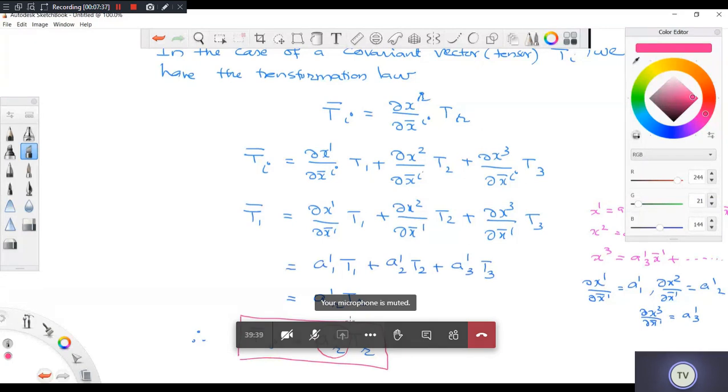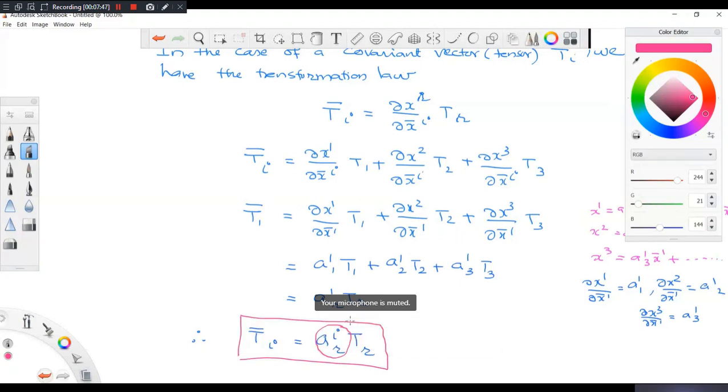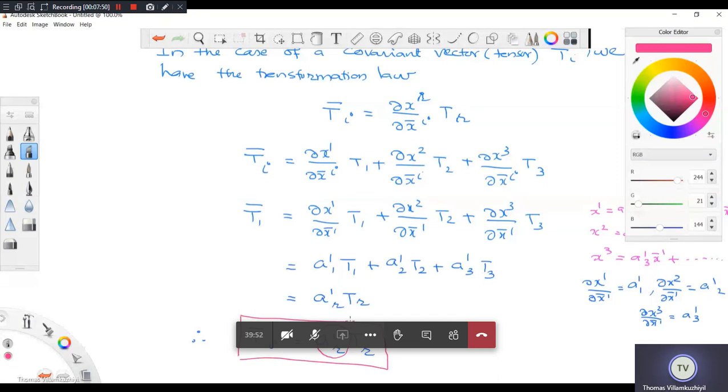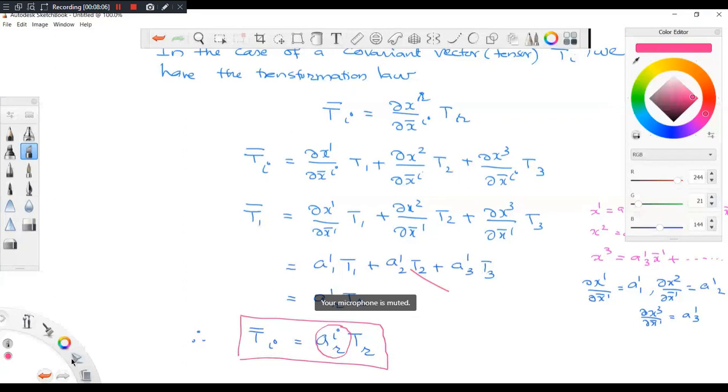So this kind of transformation law is applicable to the Cartesian coordinate system, and the corresponding tensors are usually called Cartesian tensors. Okay, so in this way you can define the higher order ones. The only difference is you have to replace the partial derivatives by the direction cosines. So that is the change.